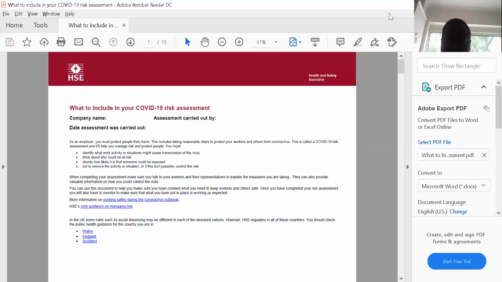In terms of the links, that's fine. There's a link to working safely during the coronavirus outbreak, which is fine. Core guidance on managing risk. Then it talks about Wales, England, Northern Ireland, etc. But that will not help me get around the pages. Realistically, what I would have loved were a range of headers which I could then use to navigate my way around this 15-page document.